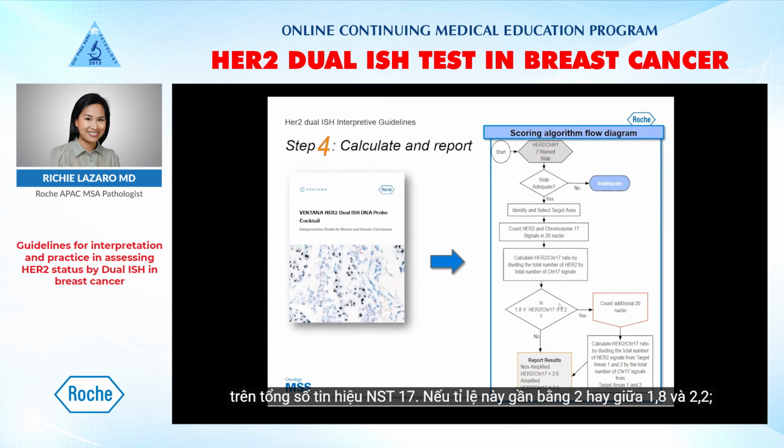If the ratio is close to 2.0, or between 1.8 and 2.2, the reader should count an additional 20 nuclei. Results are reported as non-amplified if the HER2/chromosome 17 ratio is less than 2.0, or amplified if more than or equal to 2.0. If more than 20 nuclei are scored, the HER2/chromosome 17 ratio is calculated from the total tumor nuclei scored.